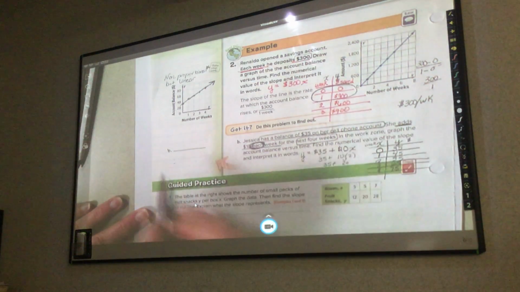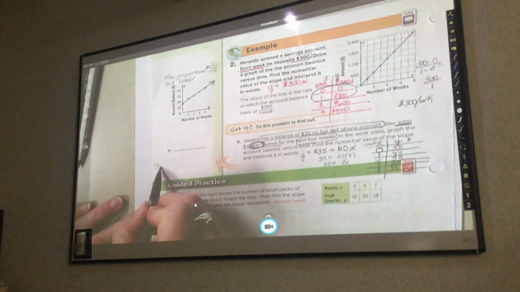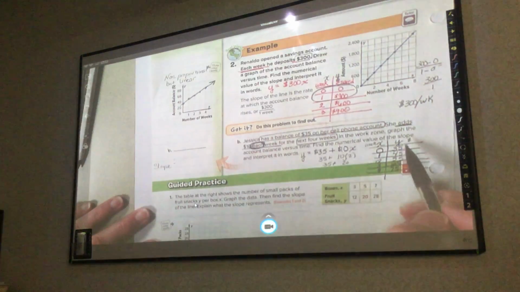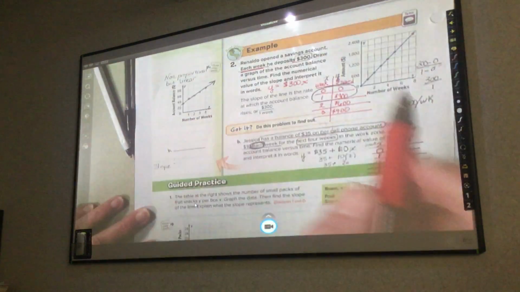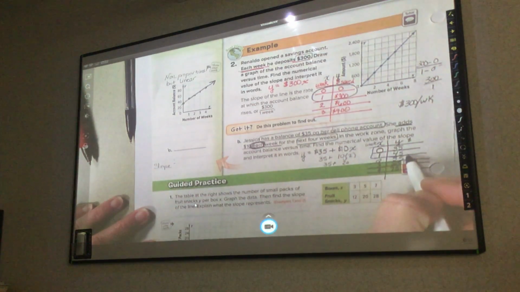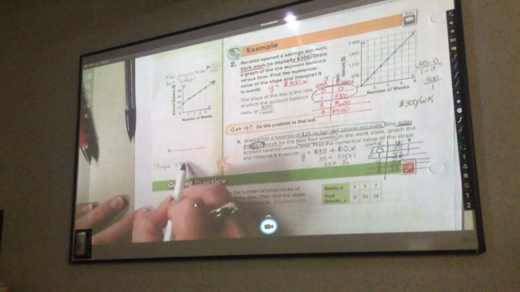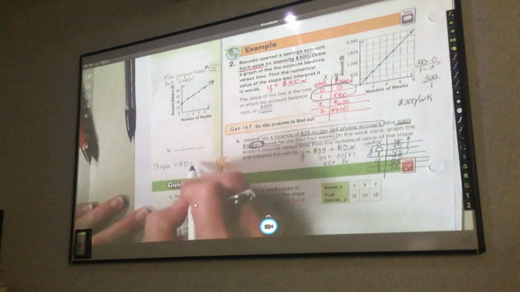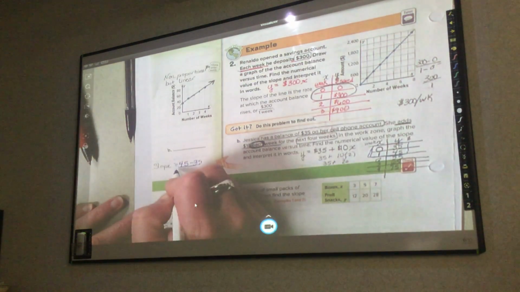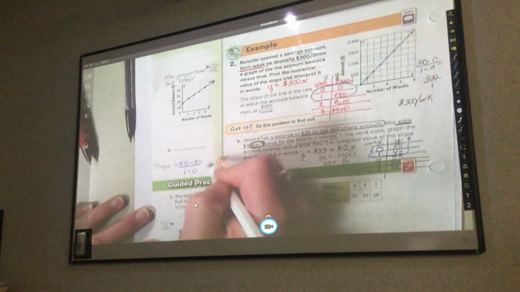So now we have to find the slope. So I'm going to pick 2 points. I'm gonna pick these 2. So y2 is 45, minus y1 is 35, over x2 is 1, minus x1 is 0.